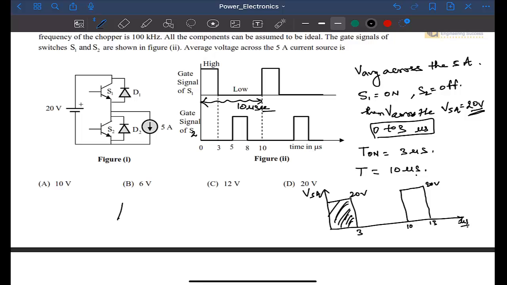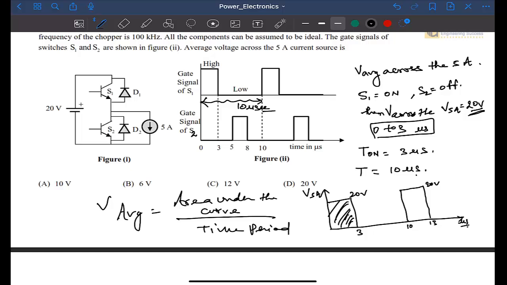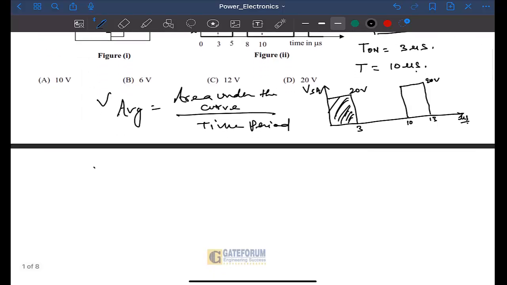V average is nothing but the area under the curve divided by the time period. Correct? So V average will be 20 into 3 microsecond divided by 10 microsecond.